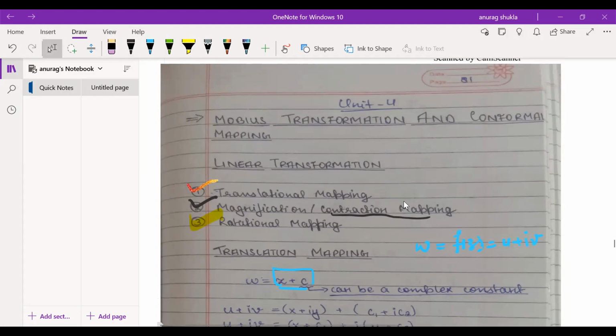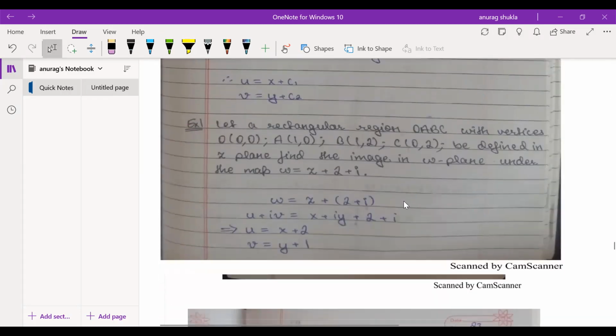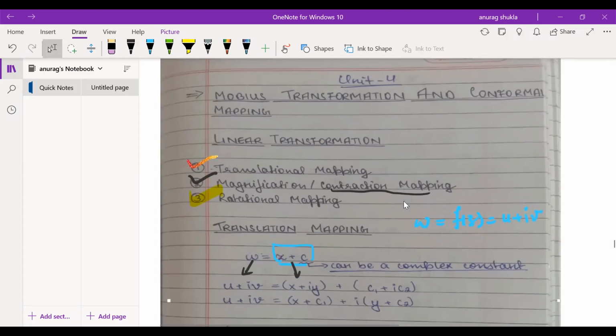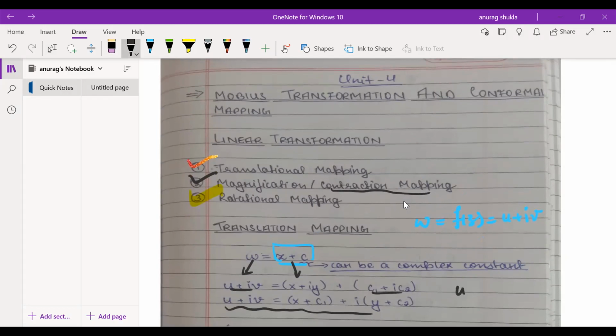If we compare the real and imaginary parts, what is z? z is x plus iy. w is u plus iv, and c is c1 plus i c2. Now collect the real and imaginary parts and compare both sides: u is equal to x plus c1 and v is equal to y plus c2.